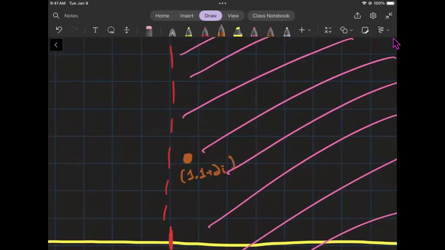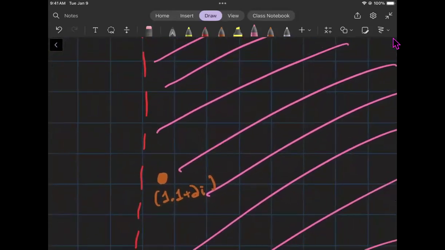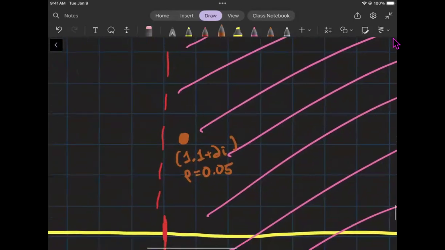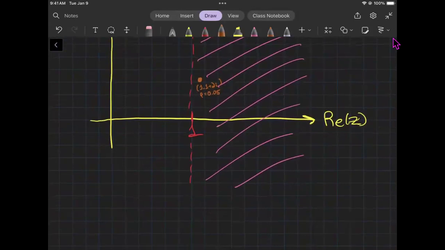In order for this to be open, we need to find a radius, a circle, I should say, which contains points that are entirely in S, which are entirely on the right-hand side of this set. So if I pick rho, my radius, equal to 0.05, that would be a small enough radius to contain all the points that are in S, okay?